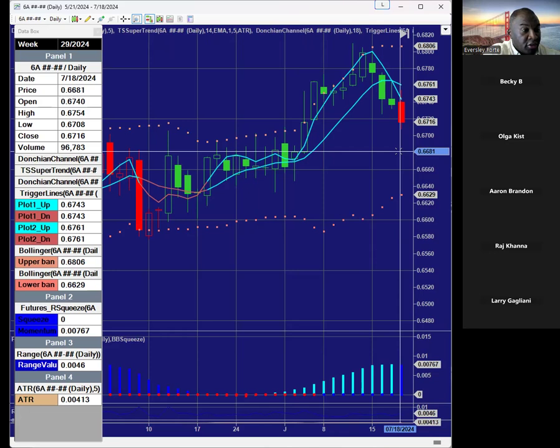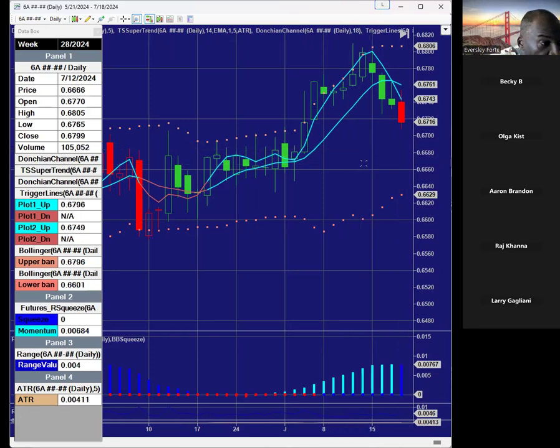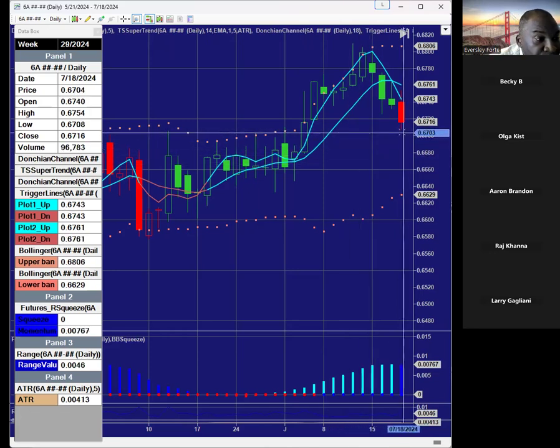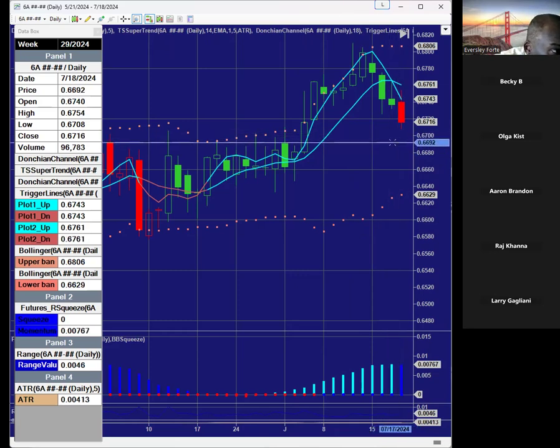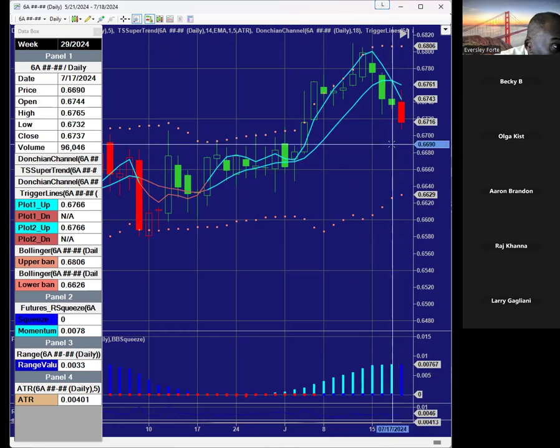So I'm going to put my trade on. I'm going to sell stop 10 ticks below the low. I'll determine how many contracts I trade based upon how big my stop is. Just for fun, real quick, someone with a calculator, pull it out. The stop loss is 10 ticks above the high, 0.6775.